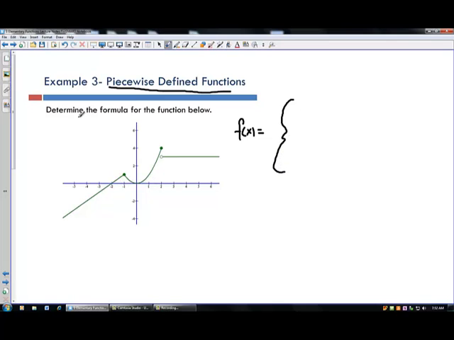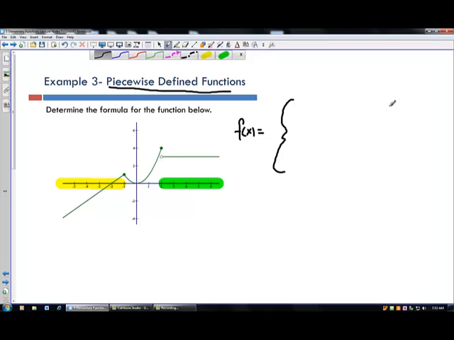And the pieces, you can see this here, the first piece is going to go all the way out here to -1. And then the second piece is going to go from -1 to 2. And then the third piece is going to go from 2 all the way to the right. So I can write that down ahead of time.